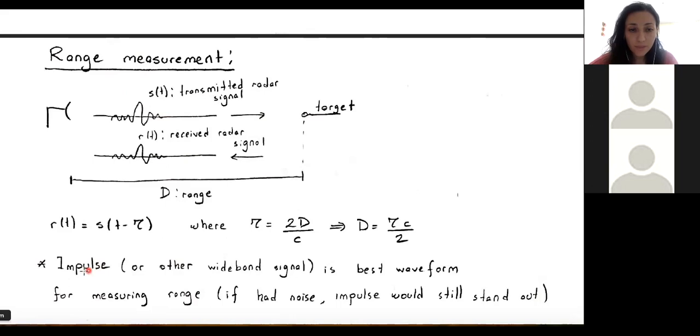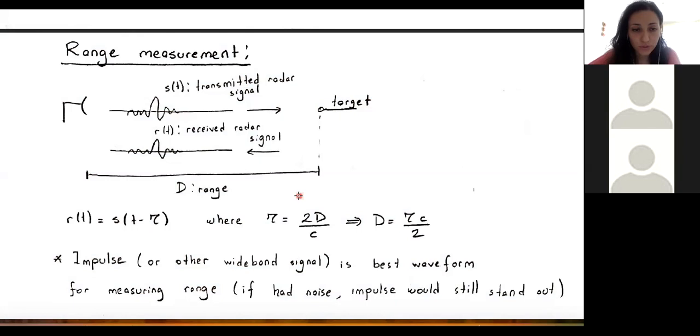If you want to have a very peaky signal as your transmitted signal, you need to use wideband signals that have a large frequency portion in the frequency domain. So that seems like the best signal to use for radar range measurement. Okay, let's continue.